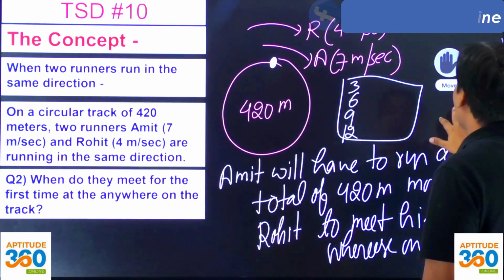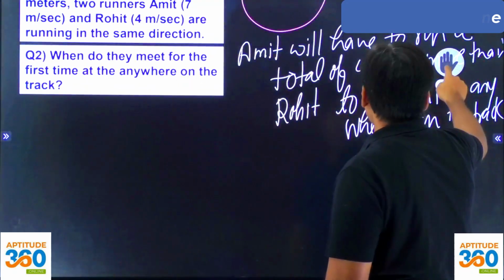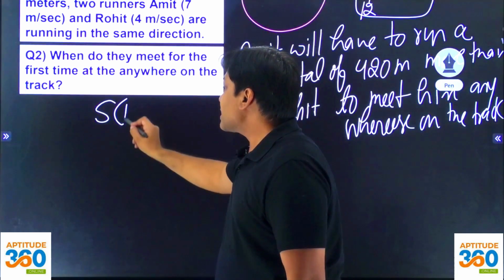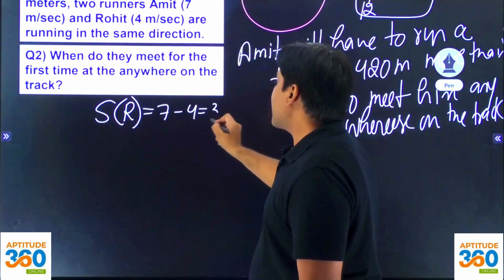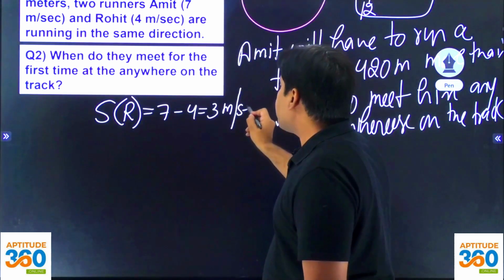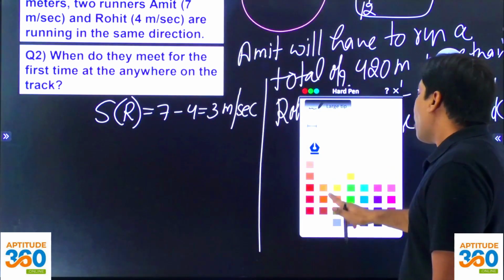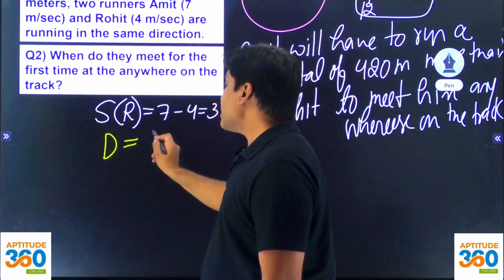Now we will have to find out what is the relative speed, isn't it? Because both of them are moving in the same direction. So relative speed is going to be 7 minus 4, which is 3 meters per second. And what's the total distance that Amit will have to run more than Rohit?